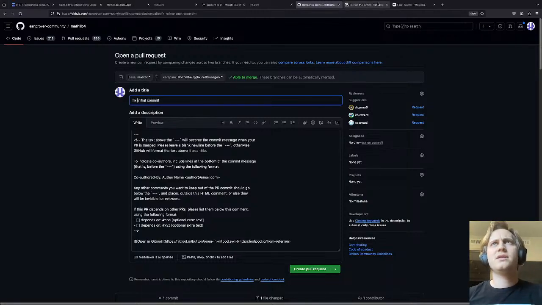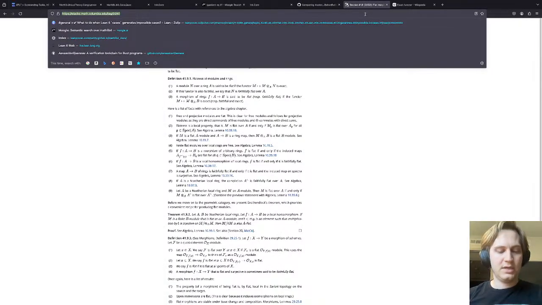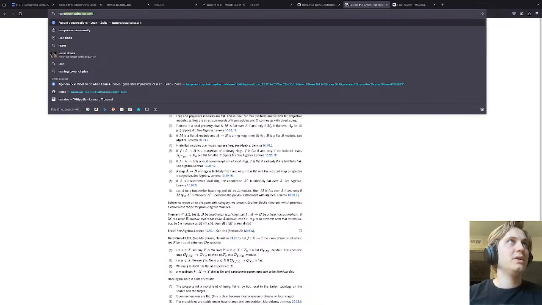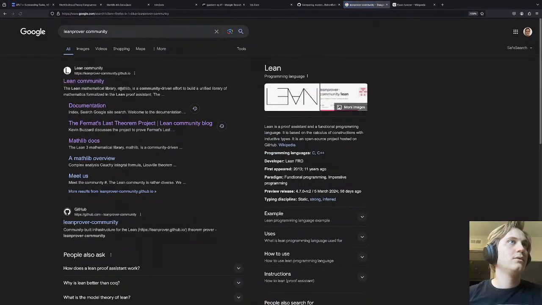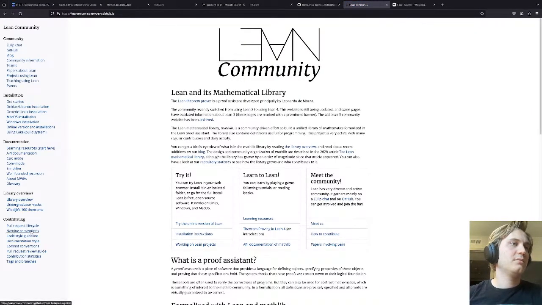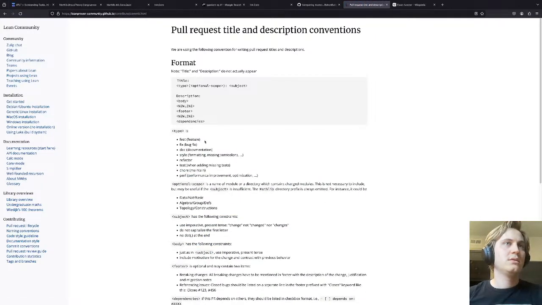Let me recall, if I go to the Lean prover community and look at the naming conventions, or the commit conventions: feat, fix. So this is really a fix, I guess.